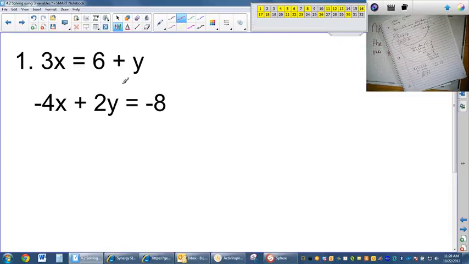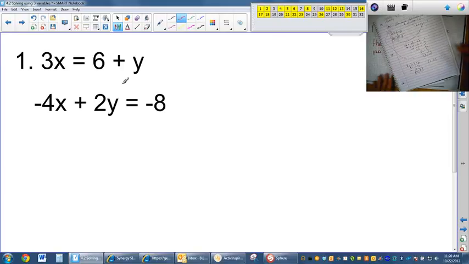Right, and so what we want to do is get that y by itself. Right now, it doesn't have a coefficient, that's great, but there's a 6 being added to it. So the inverse operation of addition would be what, Angel? I get rid of that plus 6. Yeah, I want to subtract 6 from both sides. So now I have y equals 3x minus 6.